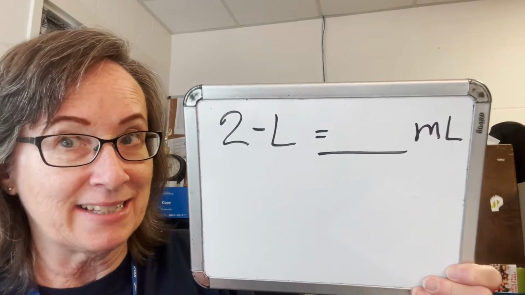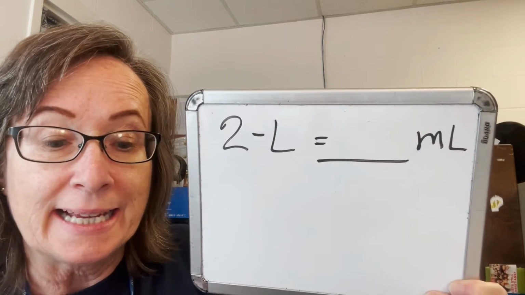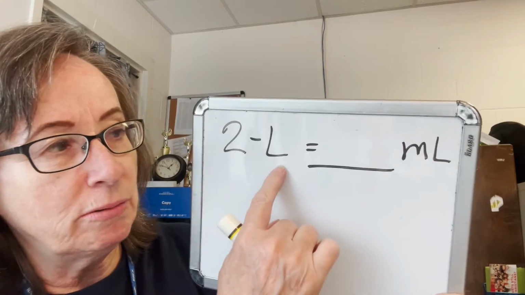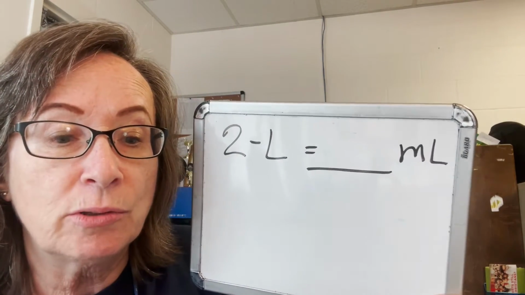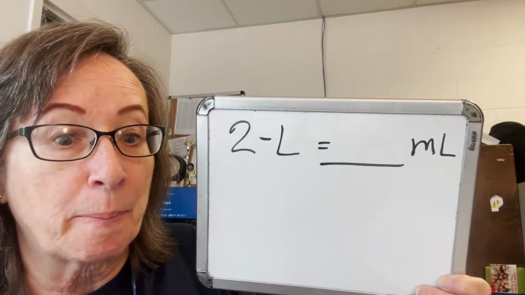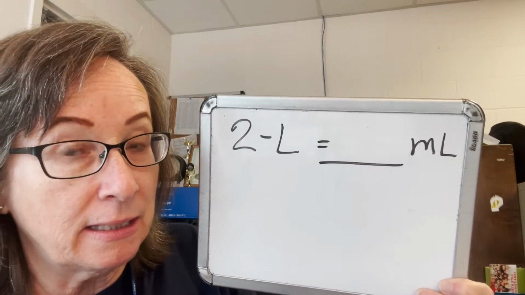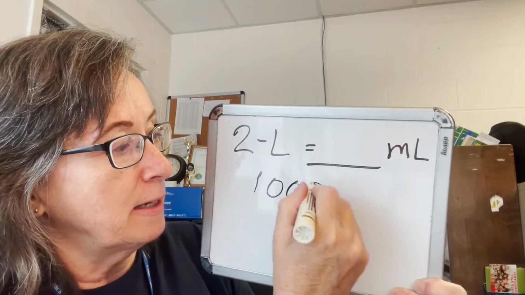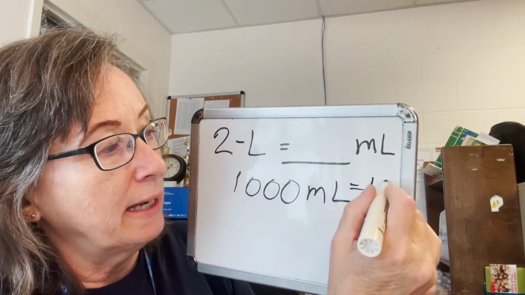Okay, so this is our second example. It says a full 2-liter bottle contains how many milliliters of liquid? Okay, so 2 liters, milliliters. So we're going to go look on our chart. If you look in about the middle of your chart under capacity on page 37, which is in your packet, then you find that 1,000 milliliters equals 1 liter.